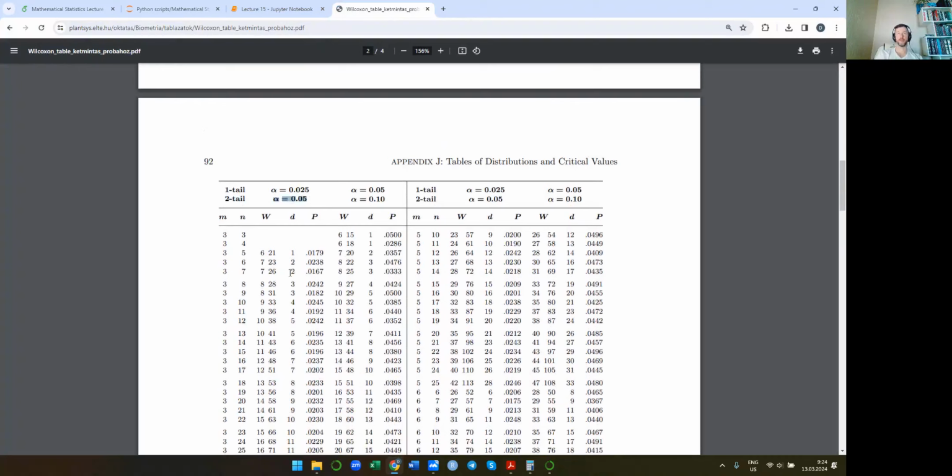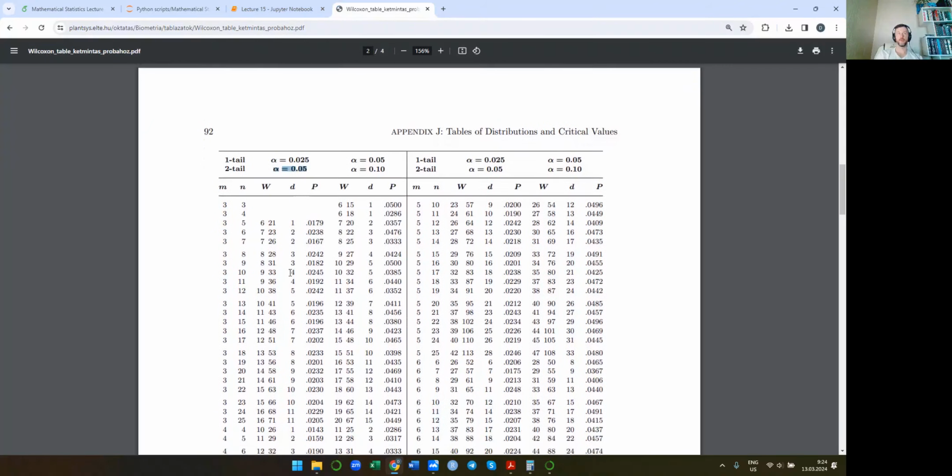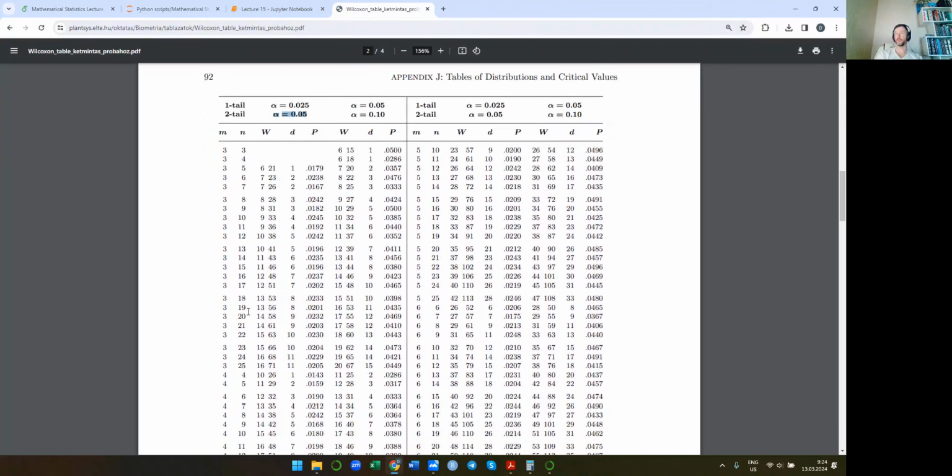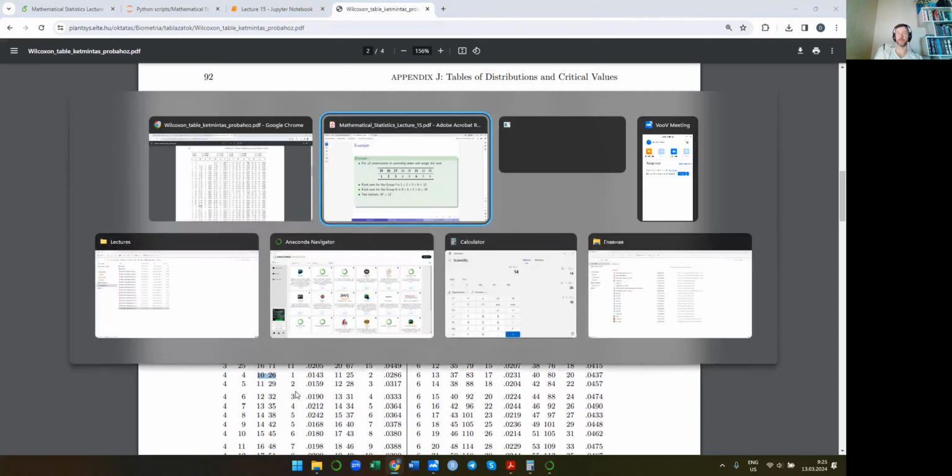Here M and N represent the size of each sample. So basically we are looking for 4 and 4. And this W is 10 and 26. So these are the left and right border of the critical region for the W statistic.